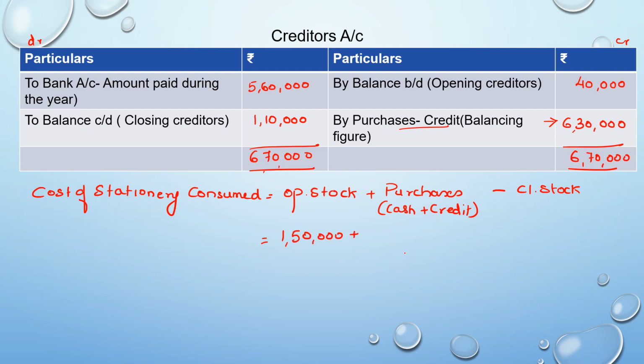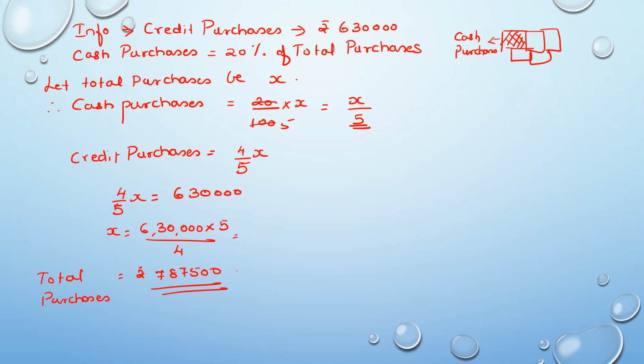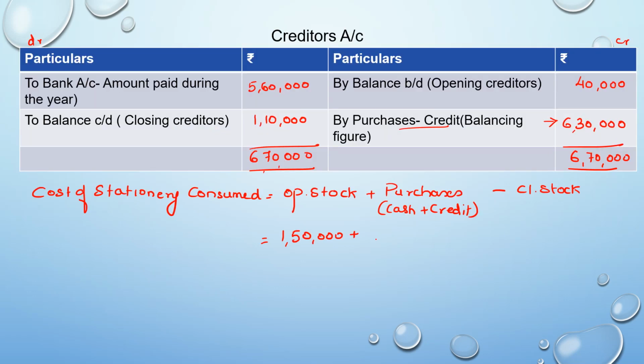With that, the total of the purchases that we got was 7,87,500, minus the closing stock of 3 lakh. So you do this calculation and you will get an amount of 6,37,500. This is the value of the stationery consumed during the year. That is to be debited to your income and expenditure account.